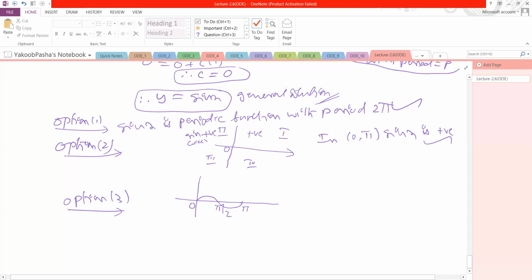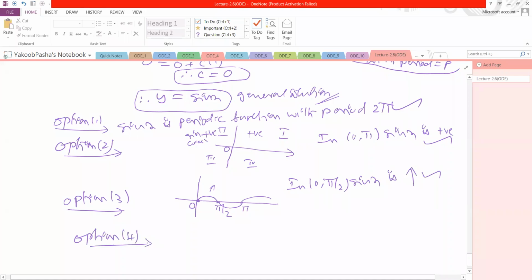This is pi, and like this. So in this interval, sin is increasing. So in the open interval 0, pi by 2, sin x is increasing. This is also correct. Now automatically the fourth option will be wrong.